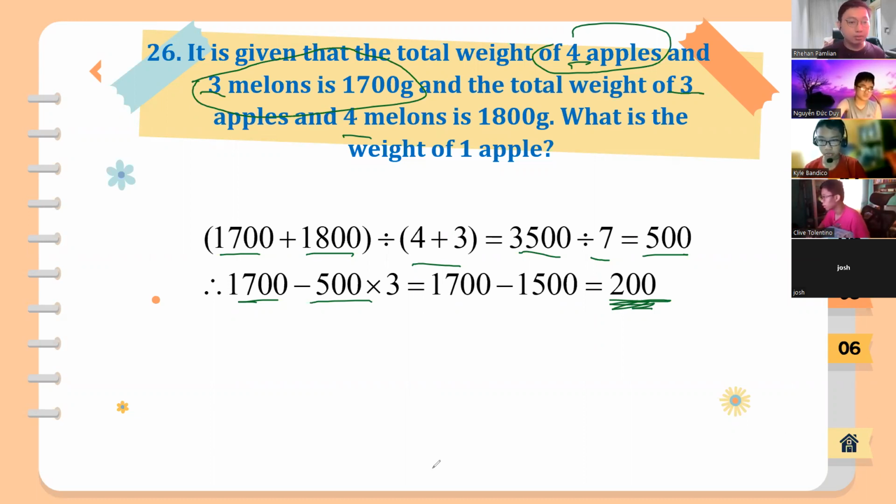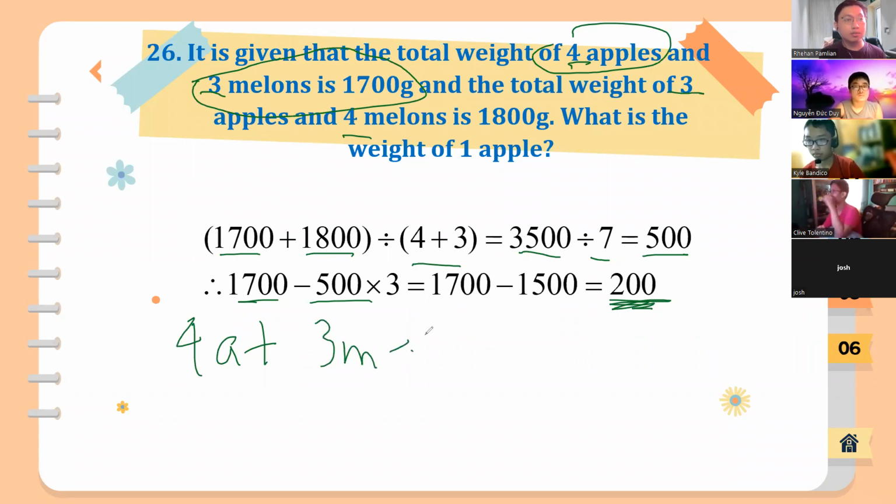So to solve it in an algebra way, guys, you need to put apples plus melons. Basically 4 apples plus 3 melons is equal to 1/7. And then the other one is 3 apples plus 4 melons is equal to 1/8.